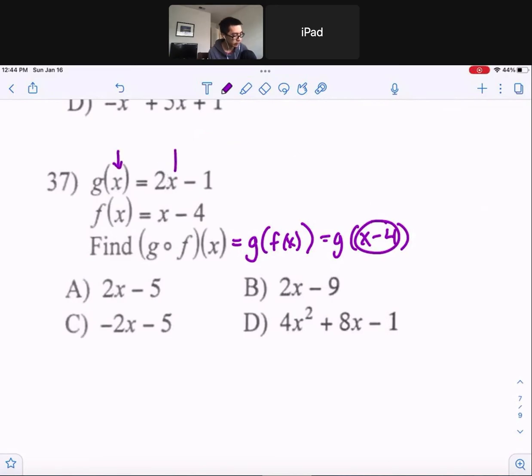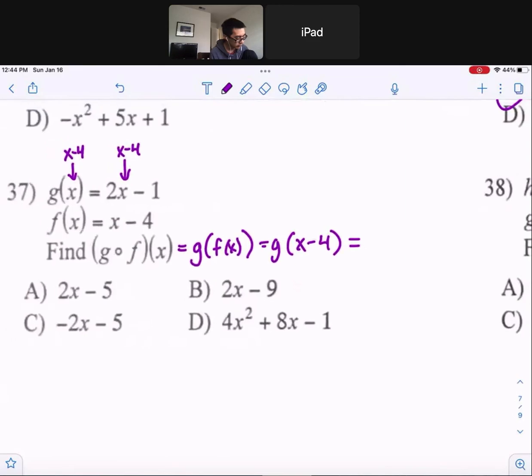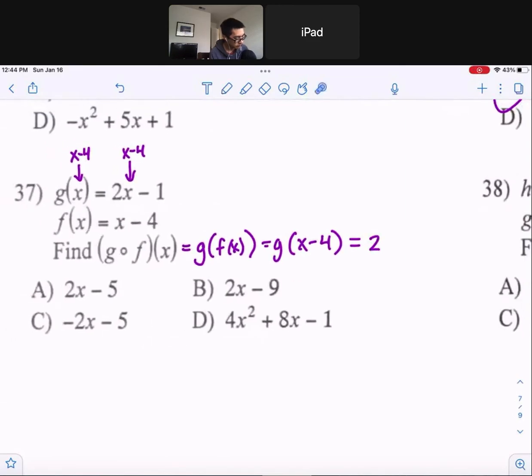Everywhere we see an x in the g function, it now becomes x minus 4. So this is really 2 times x minus 4 minus 1. 2x minus 8 minus 1, which is 2x minus 9. That's B.